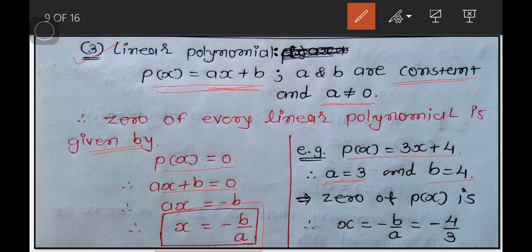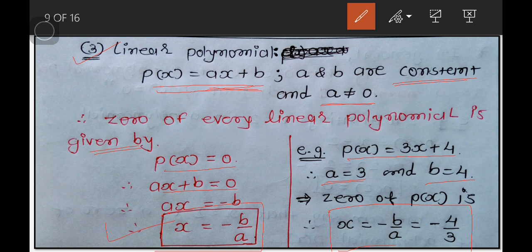Then the zero of p of x is, by the formula, x is equal to minus b by a. Putting the values of b and a, we get minus 4 by 3. This is the zero of the linear polynomial p of x is equal to 3x plus 4.